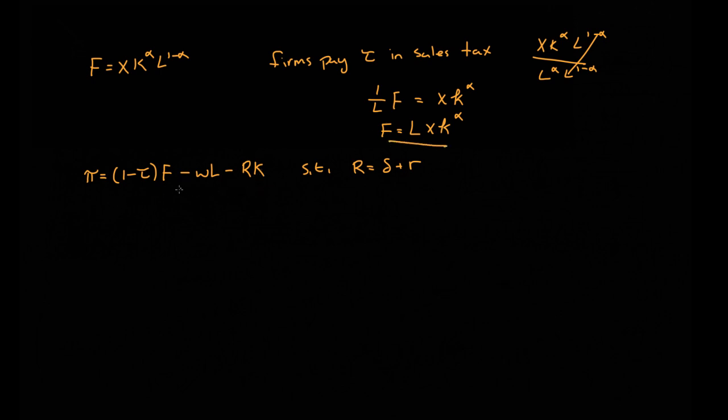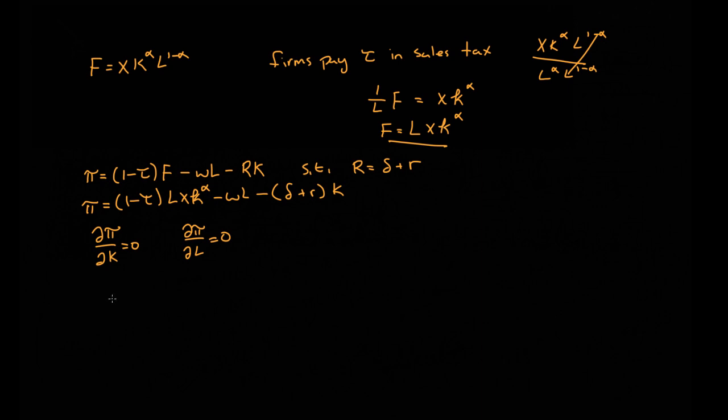We found that f is equal to this, so we can rewrite pi is 1 minus tau, and then Lx script k alpha minus WL minus delta plus R k. And our two first order conditions are that partial pi over partial capital equals 0, and partial pi over partial labor equals 0 as well. So we'll start with capital.